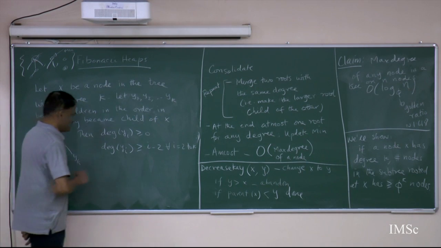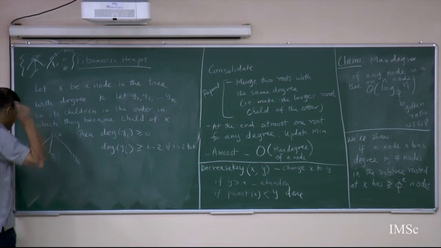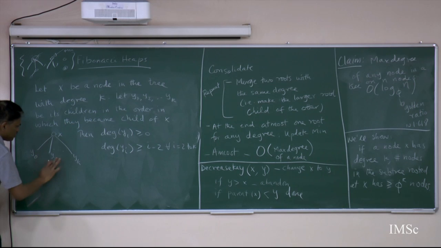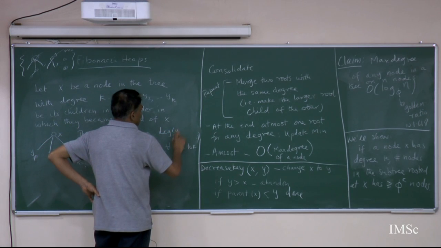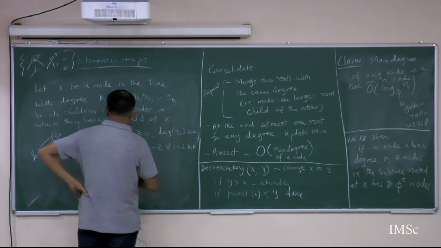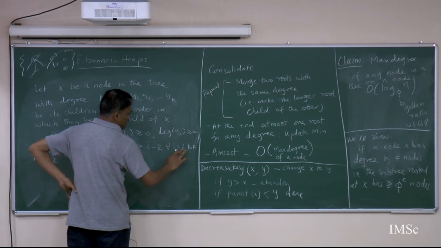Okay, I think I want to say y1 to yk. No, let's take this: degree of y2 greater than or equal to 0, and let's say this from i equal to 3 to k.